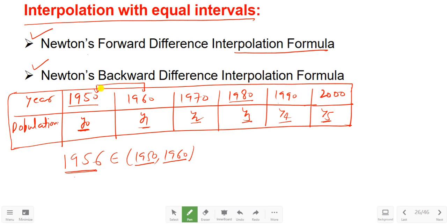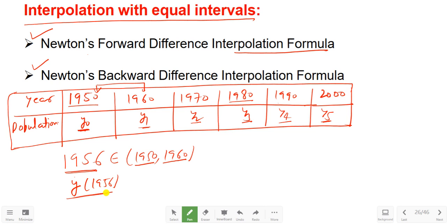In this case we apply the first method, which is known as Newton's forward difference interpolation formula, and we compute the value of y, that is the population, in the year 1956 by using Newton's forward difference interpolation formula.